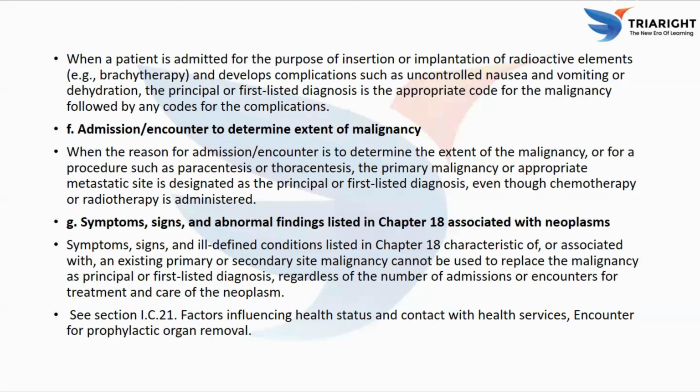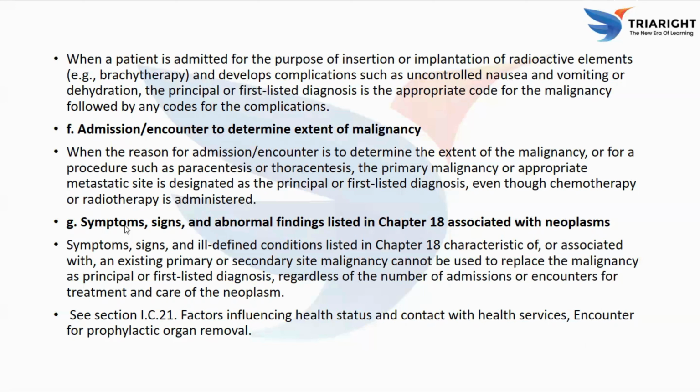Even if chemotherapy or radiation is given during the stay, it is not the primary reason for the admission. What is the sequencing rule in these cases? The primary malignancy or metastatic site is coded as the principal diagnosis. The purpose of admission is always the evaluation or staging, but not the treatment.